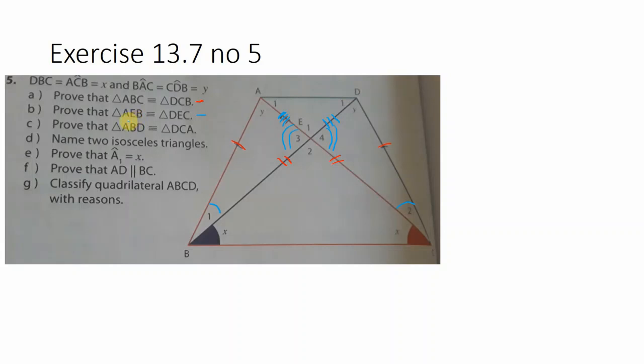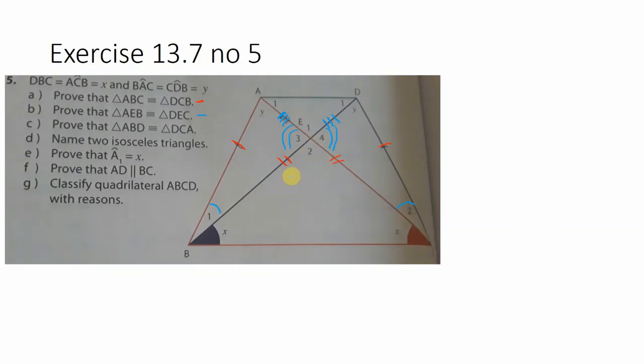And then EB equals EC. That's another one that is true. So basically it's not only BD that's equal to AC, but also BE equal to CE.